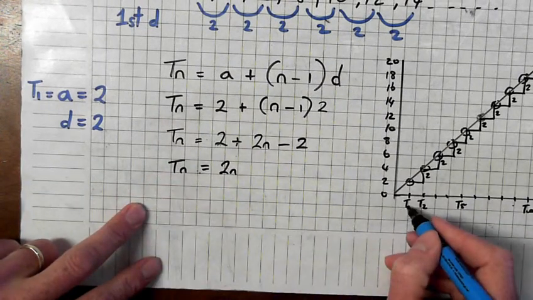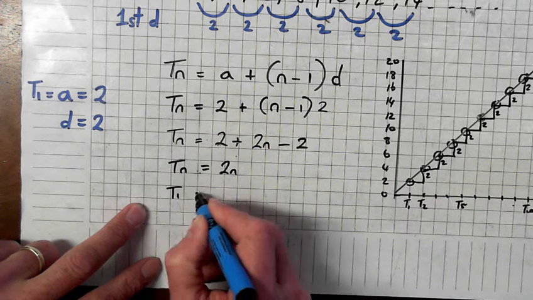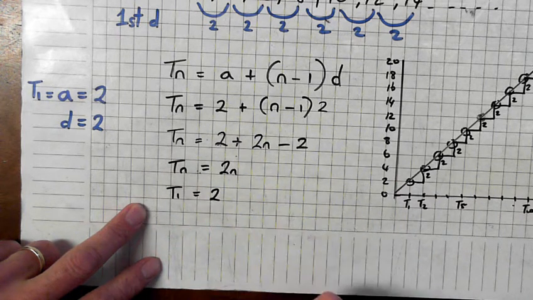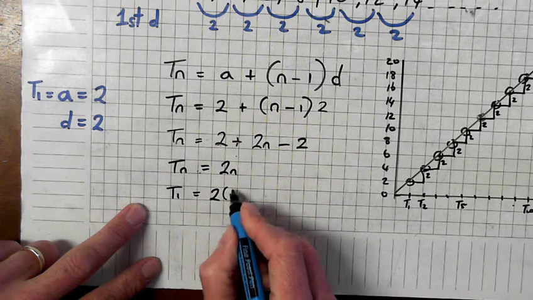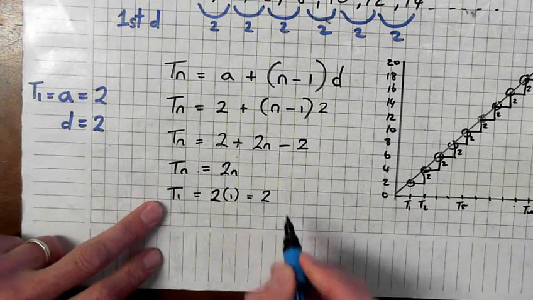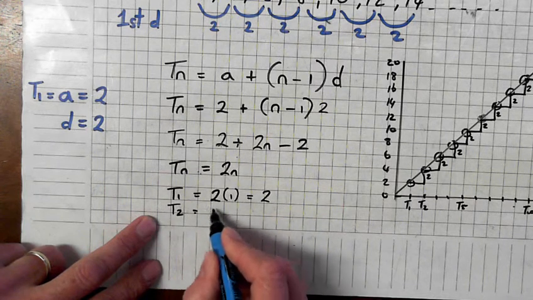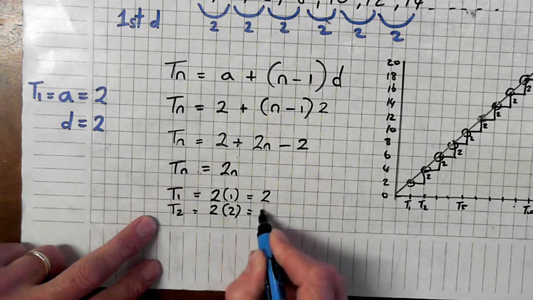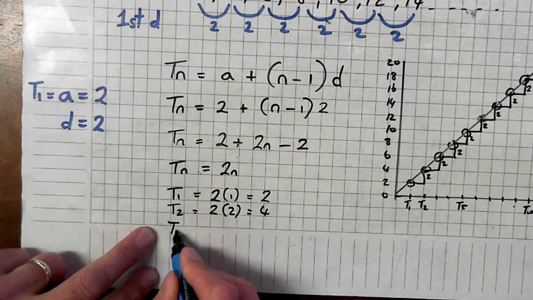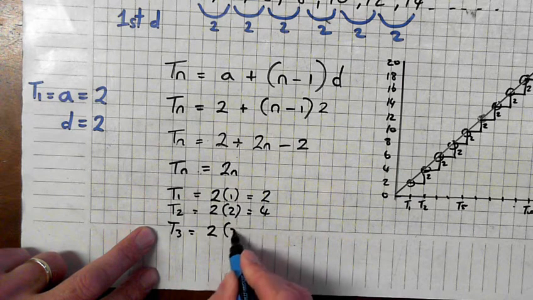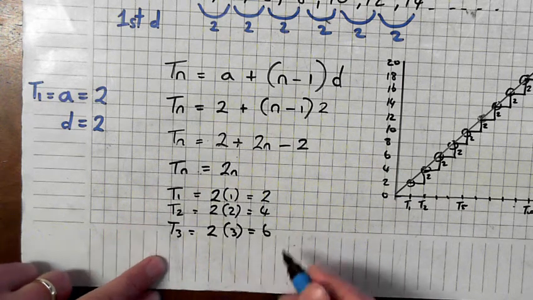Right, so if I put T1, what's T1? T1 is equal to 2 times 1, which is 2. What's T2? T2 is equal to 2 times 2, 4. What's T3? 2 times 3 is equal to 6.